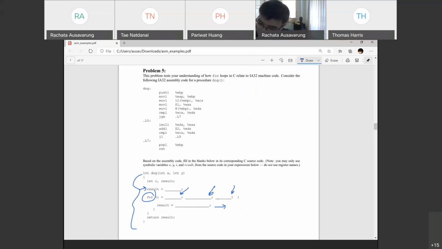So if you look at this part, what can you tell me? Let's break it down. What would make you exit the loop? If you're at L7, you're done with the loop, right?